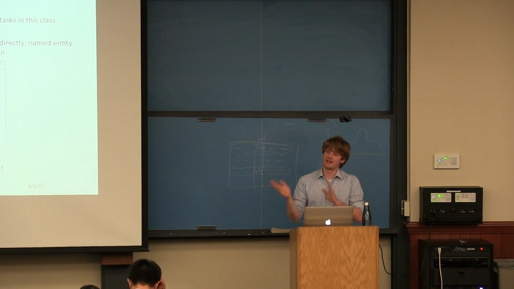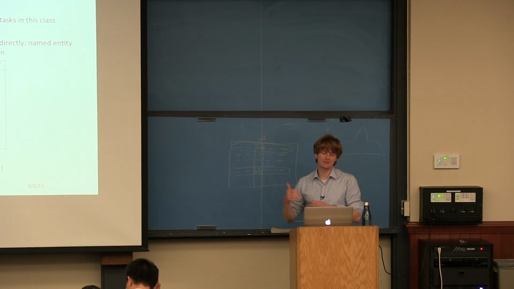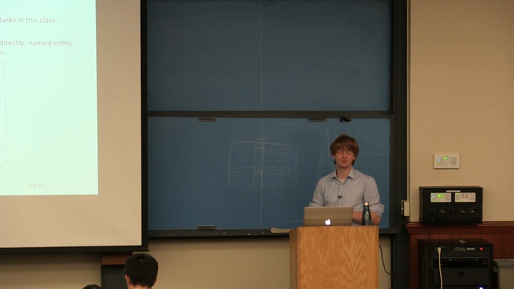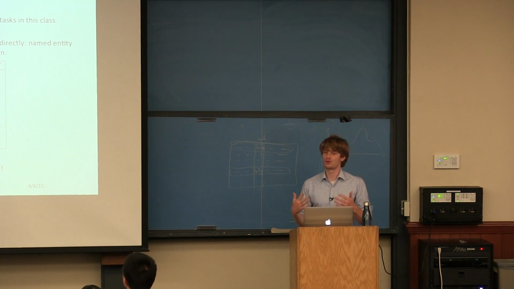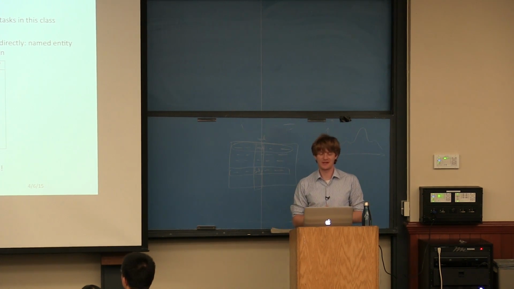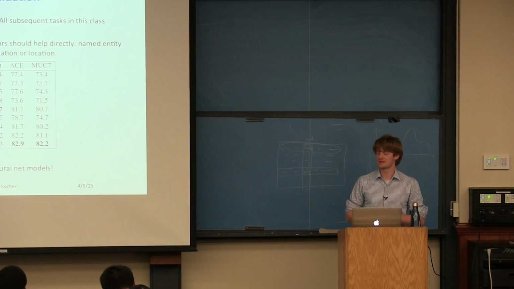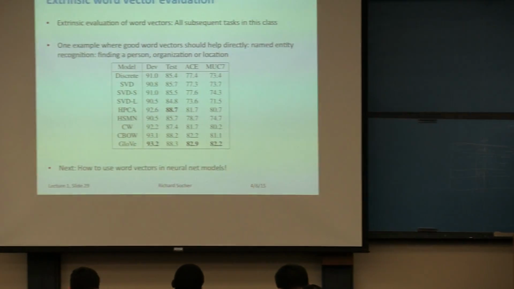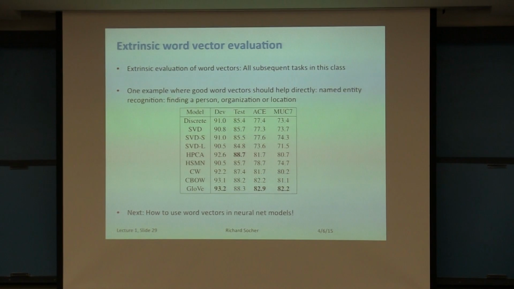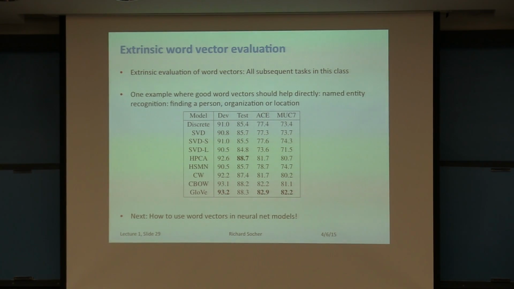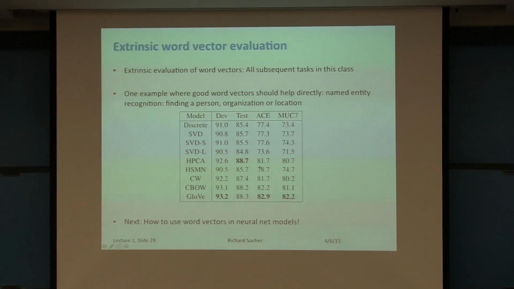I mentioned that we have intrinsic and extrinsic evaluations. We can't fully appreciate yet how these numbers come about because we don't know these downstream models yet. But just to give you an idea, one thing you would assume works well with these vectors is named entity recognition. We saw that companies and their CEOs, and countries and their cities, have specific distances and relationships. So going through a text and classifying whether a specific word in that context is a city or a person or an organization should come quite naturally to these vectors, and indeed it works quite well to use these as features.